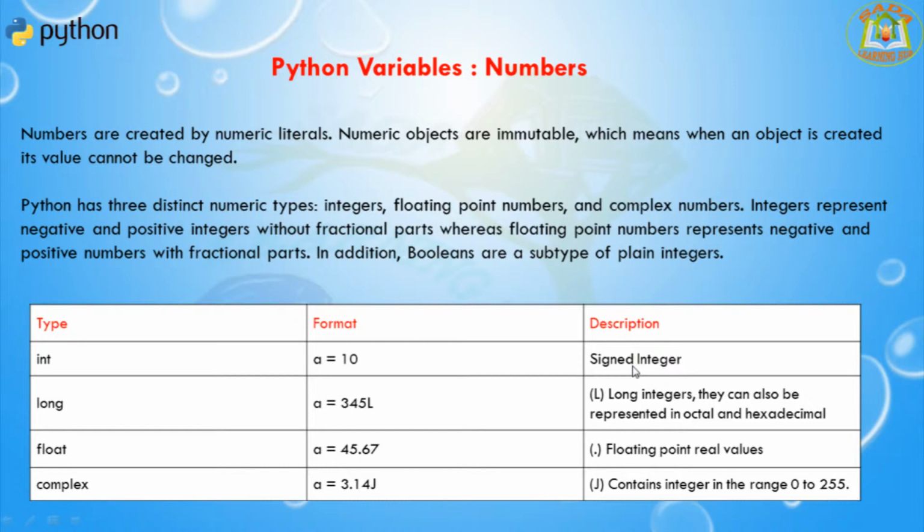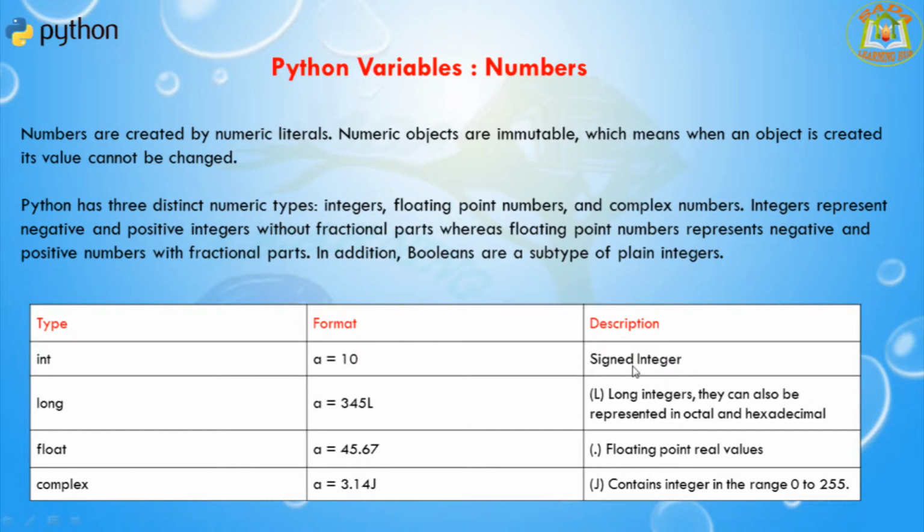First of all, numbers are created by numeric literals. In numeric literals we have four different types: integer, long, float, and complex. If you declare num = 10, we can't identify which type of number it is, so we divide them into subcategory types.